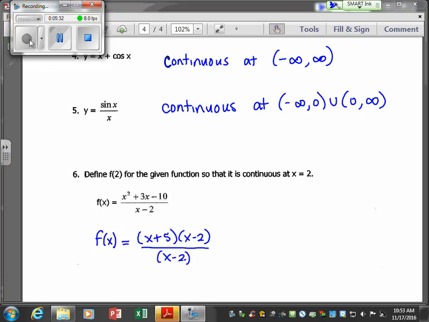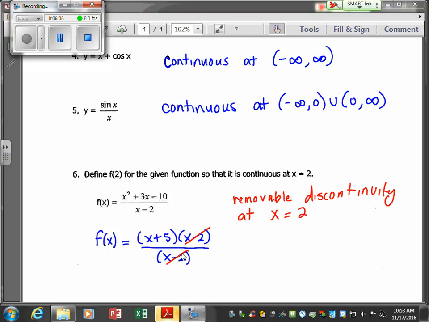Okay, so when we have that, these cancel, and that just means we have a removable discontinuity at x equals 2.